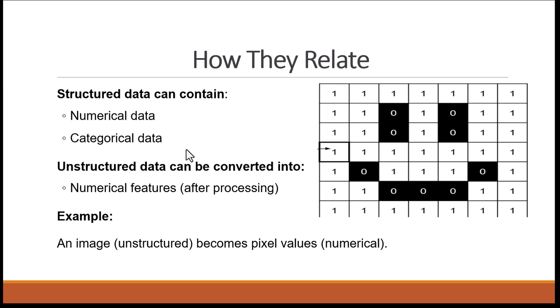If we want to use them in our models, first of all, we should transform them into numerical features. For example, as you see here, each pixel of the image is represented by a numeric value. With this representation, we can develop machine learning models.